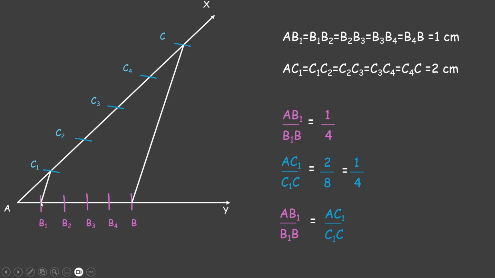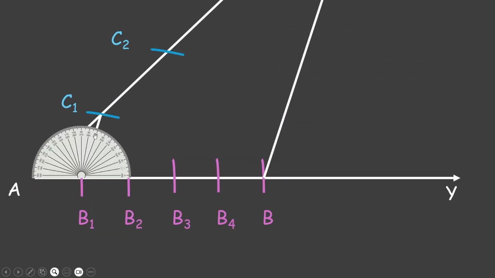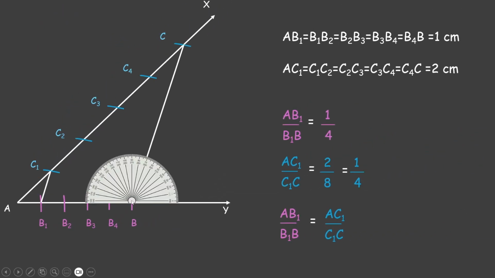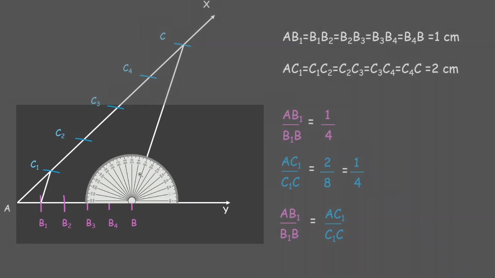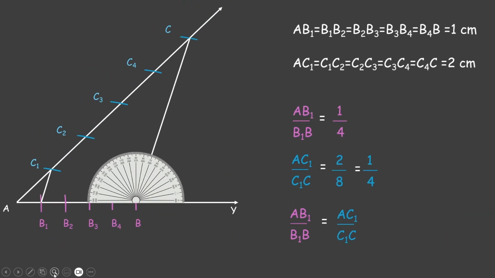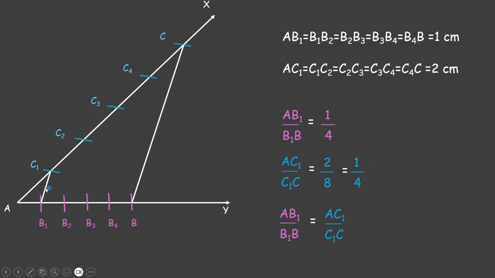Also, if you check this angle, let's zoom in a little bit, this is 70 degrees. If you check this angle as well, this is 70 degrees too. So we have these two lines, B1C1 and BC, and AY is acting like the transversal here.